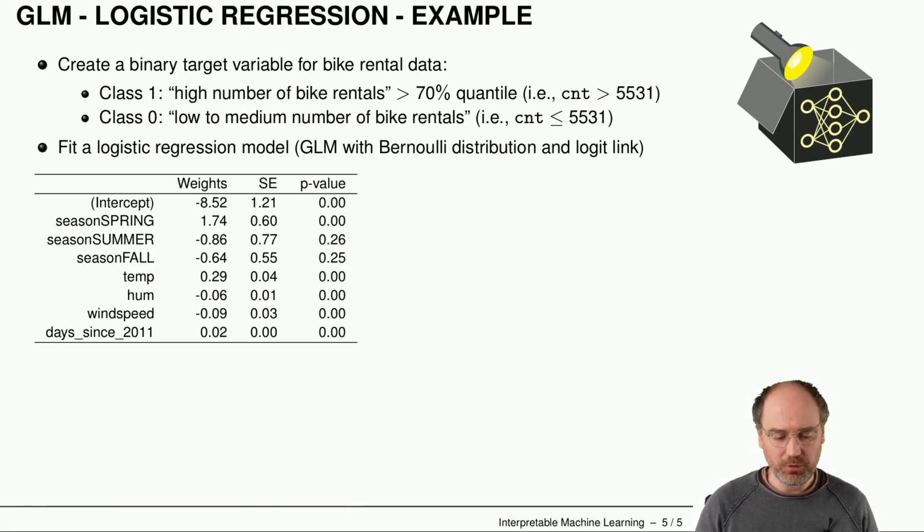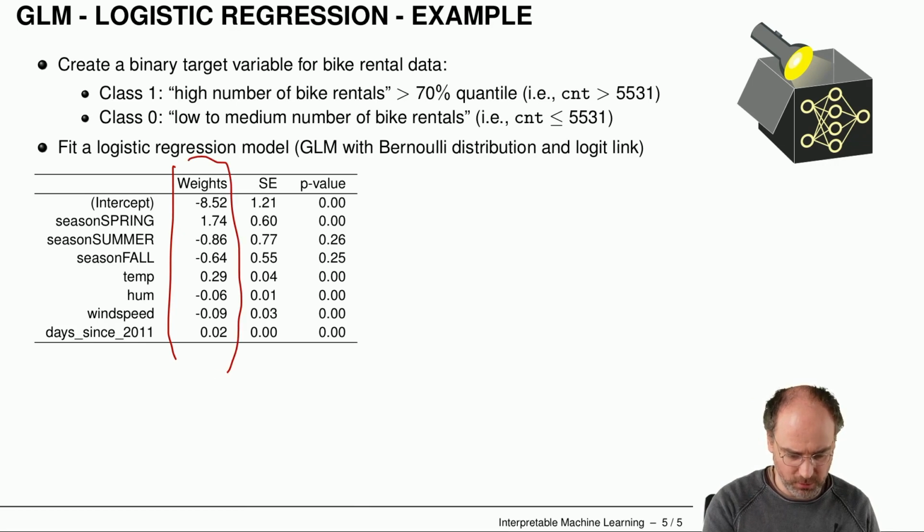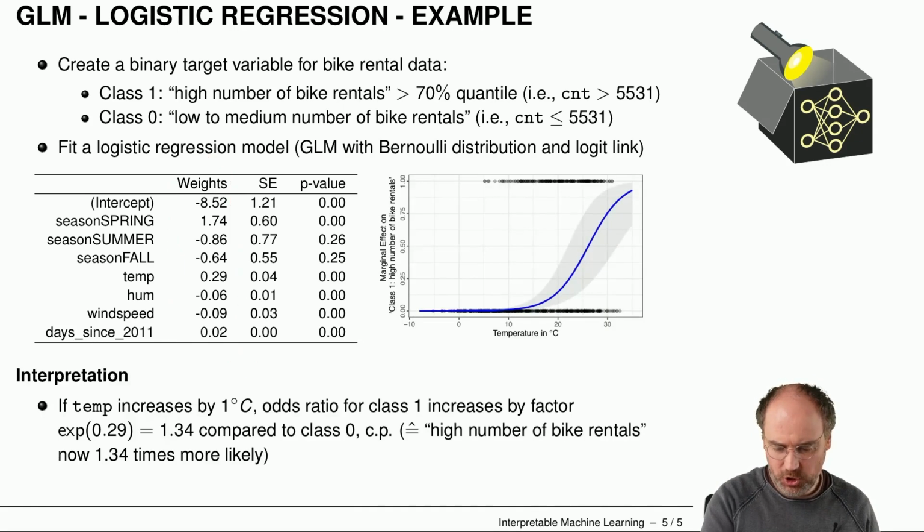Now we can fit a logistic regression model to this. And what you will now see here are the coefficients. You see this weight column here, these are our coefficients. We see the standard errors and we see the p-values. The p-values we can interpret in a similar manner as for the linear model. I will not go into this here, but I want to give a more concrete example of how we can interpret the coefficients.